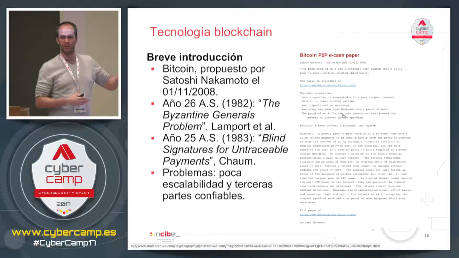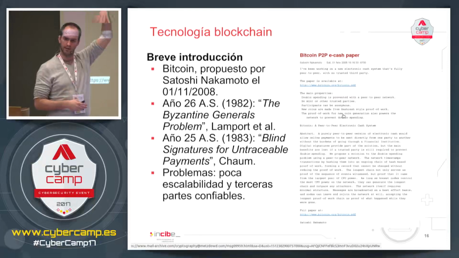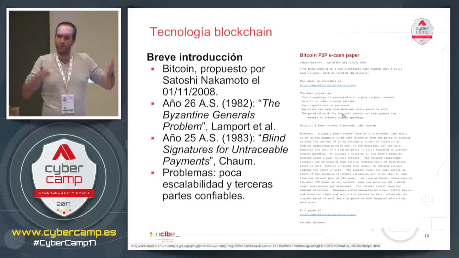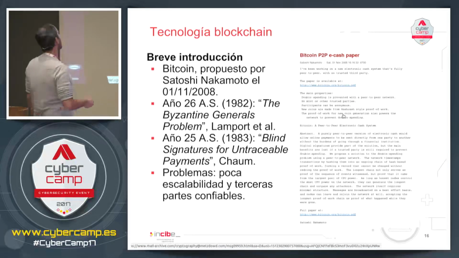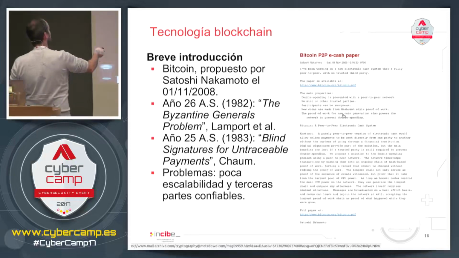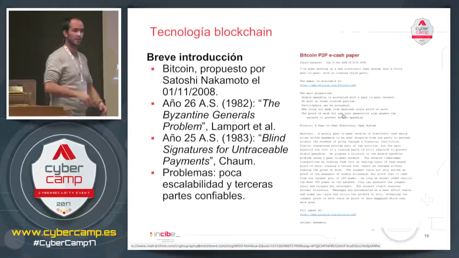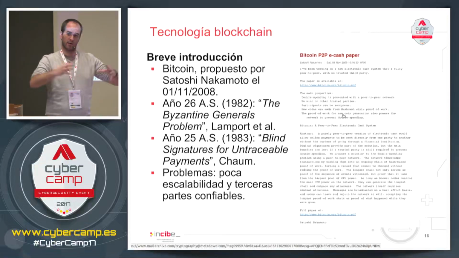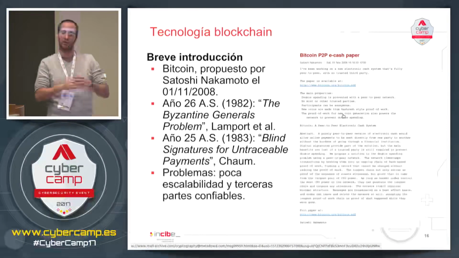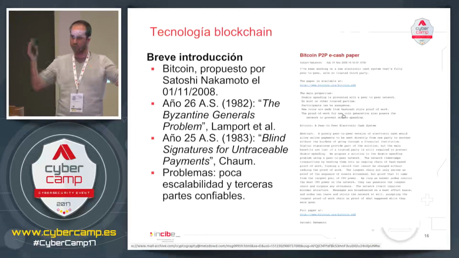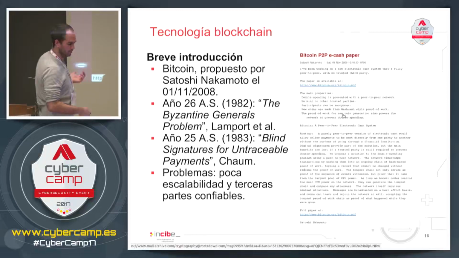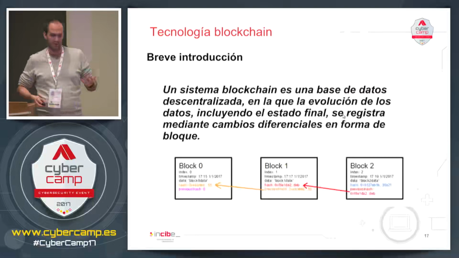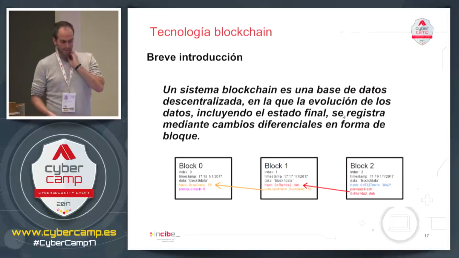You could make electronic payments, untraceable payments, but when creating the system, you depended on a central authority. So this authority has much more power than you want. And these are the systems in 82, 83, and since then there are many others. There are problems: low scalability, because in the Byzantine generals' case, we cannot extrapolate to systems with many nodes. And in the case of David Chaum, it used a third party, and he wanted to avoid that.